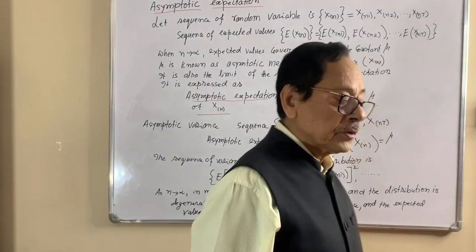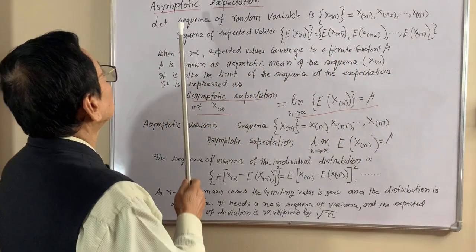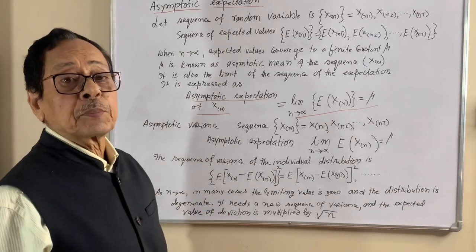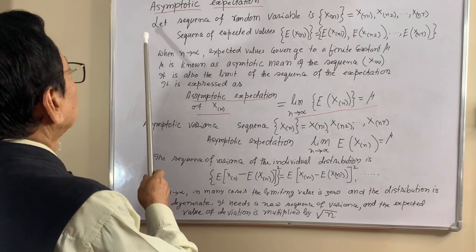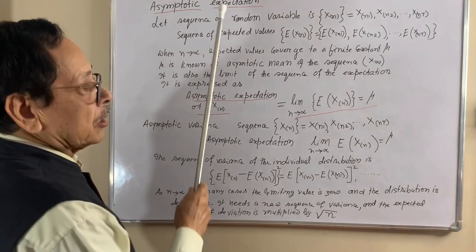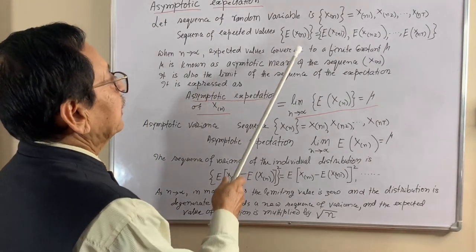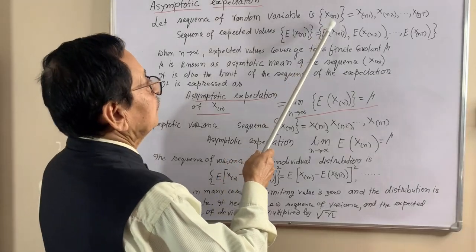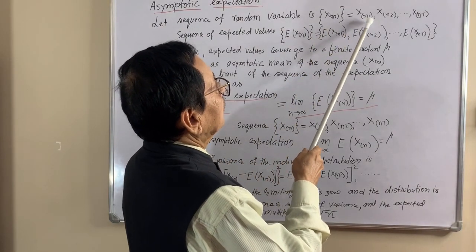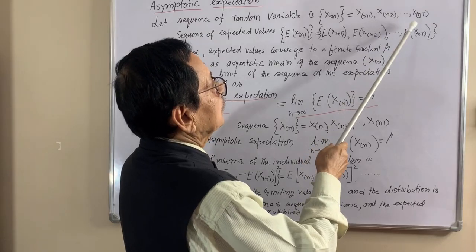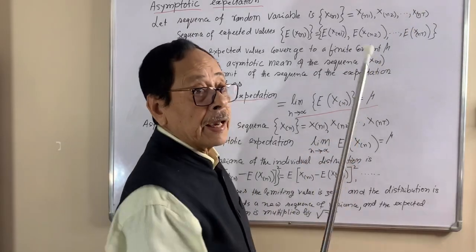So next is asymptotic expectation. Now let the sequence of random variables be xn equal to xn1, xn2, and so on up to xnt.